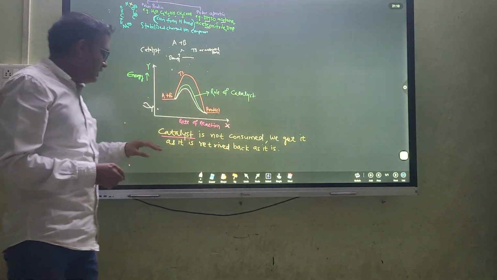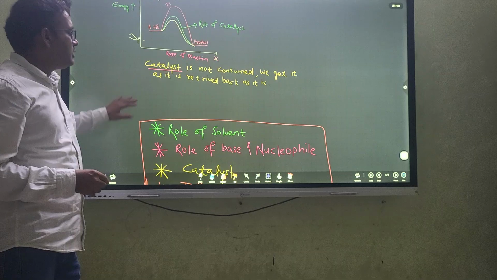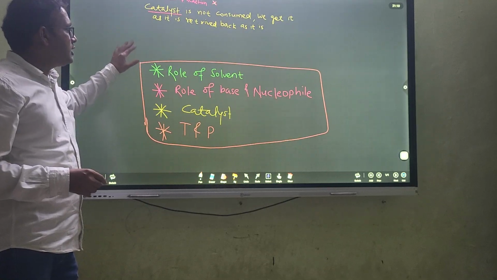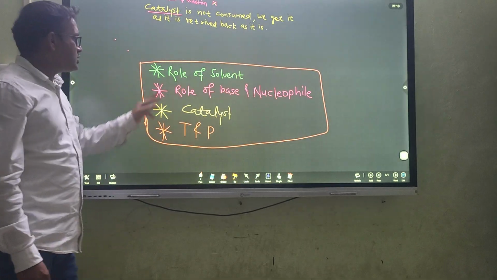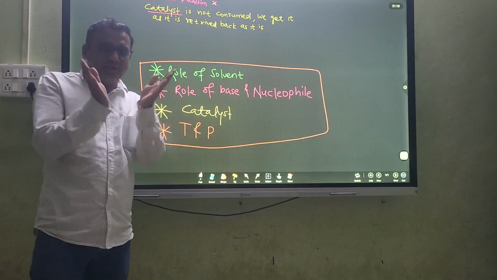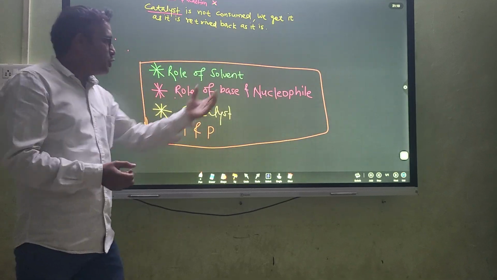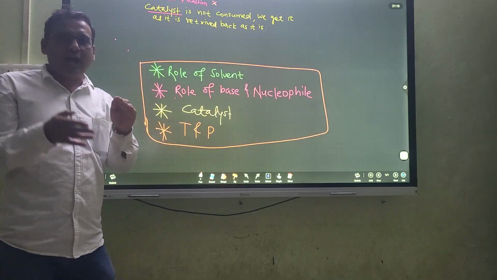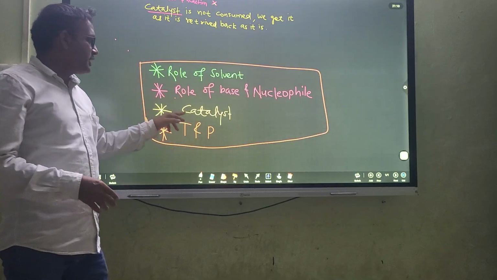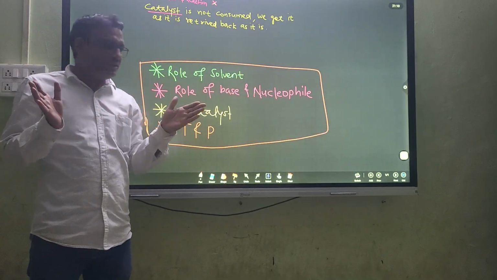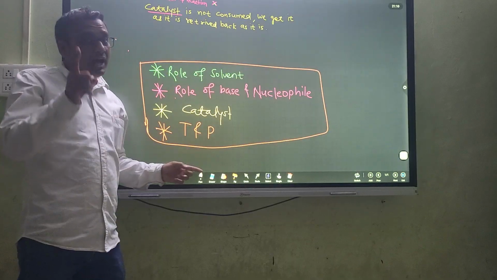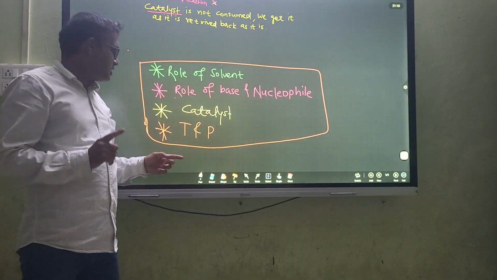Now we have covered these points in chemical reactions: the role of solvents, dissolving the reactants; the role of base, to attract protons; the nucleophile, to attack the carbonyl carbon atom; the catalyst, which increases the rate of reaction. Temperature and pressure are also very important in chemical reactions.